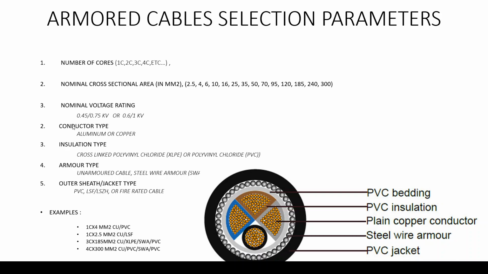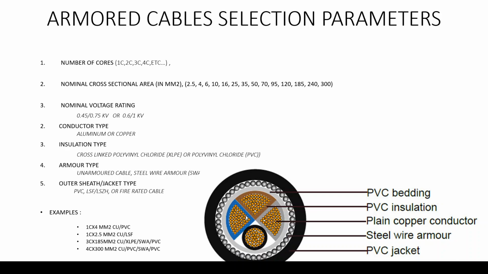Then the conductor type, as we mentioned earlier, which is the inner part. This is either aluminium or copper. Then the insulation type, either cross-linked polyethylene XLPE or polyvinyl chloride PVC.